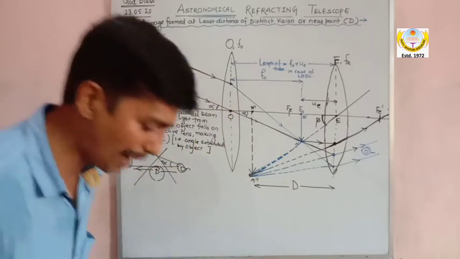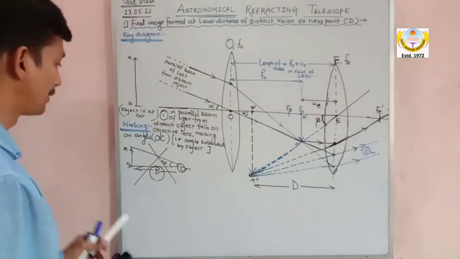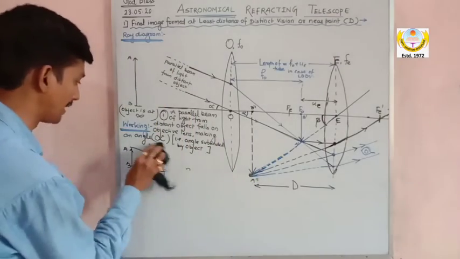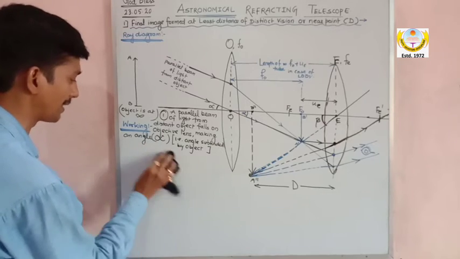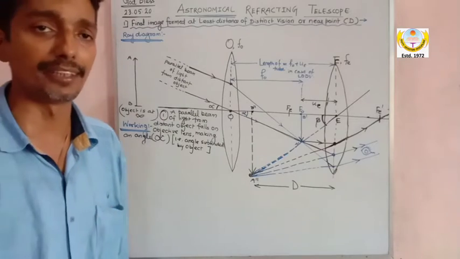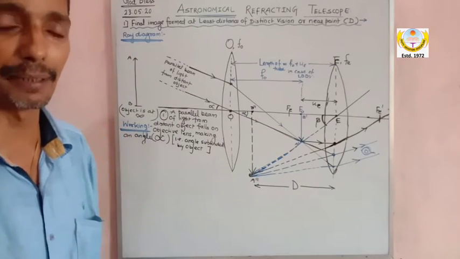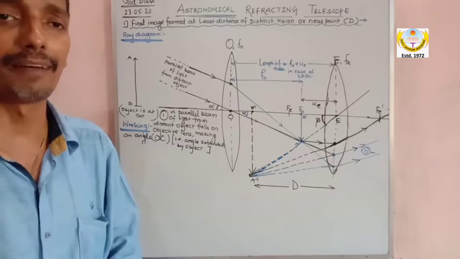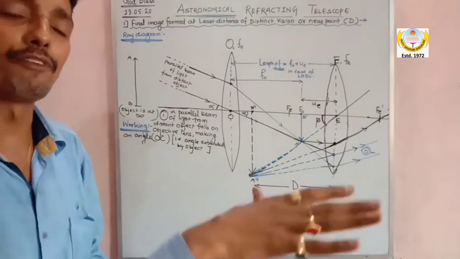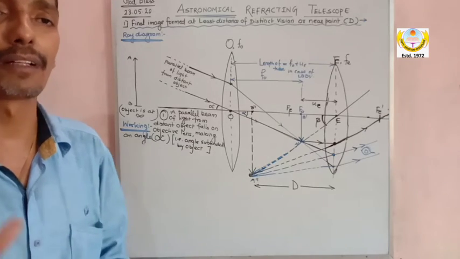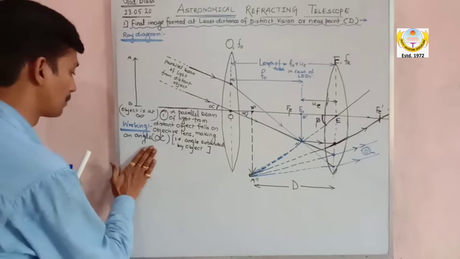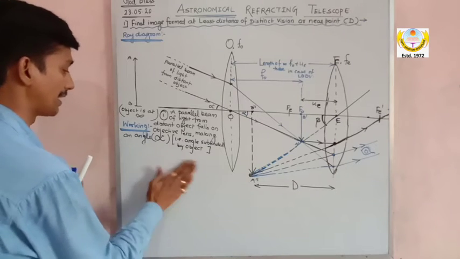So simple concept, please don't forget this, and don't draw this diagram anywhere in the case of telescope, because in telescope the object is at infinity, it is not at least distance of distinct vision. So don't make any such mistake, don't confuse yourself. That diagram of keeping the object at LDDV is only for the simple microscope and the compound microscope. It is not for telescope. In telescope, my dear, you all know the object is at infinity.